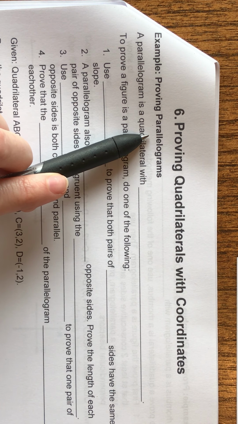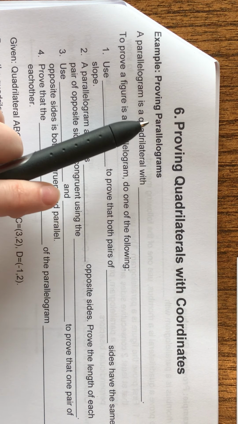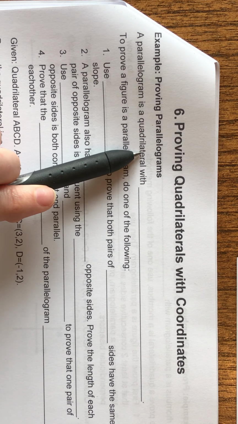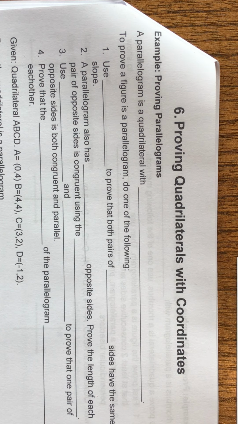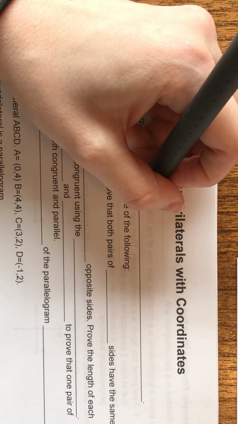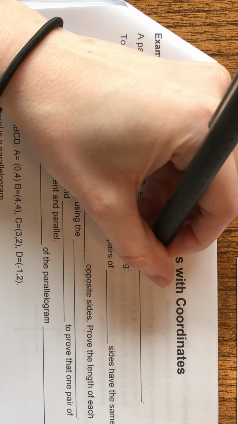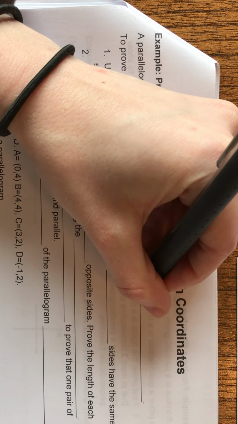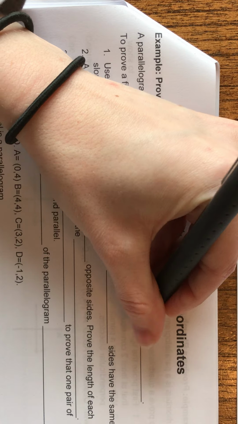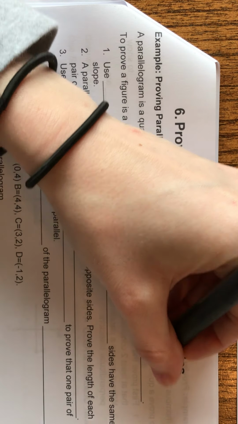So in order for a figure to be a parallelogram, it has to be a quadrilateral with both pairs of opposite sides parallel. So I'll write that with both pairs of opposite sides parallel.